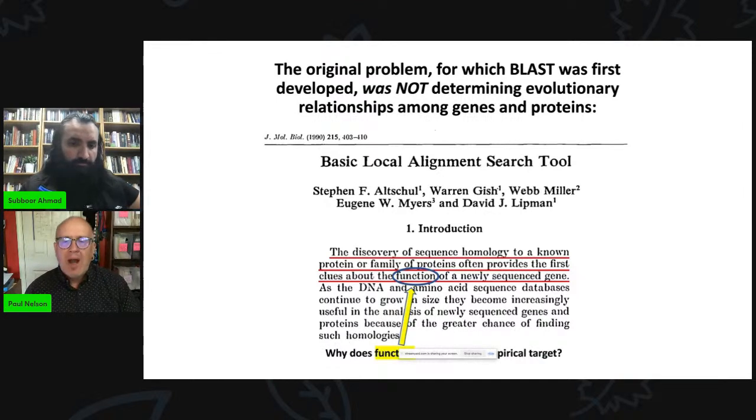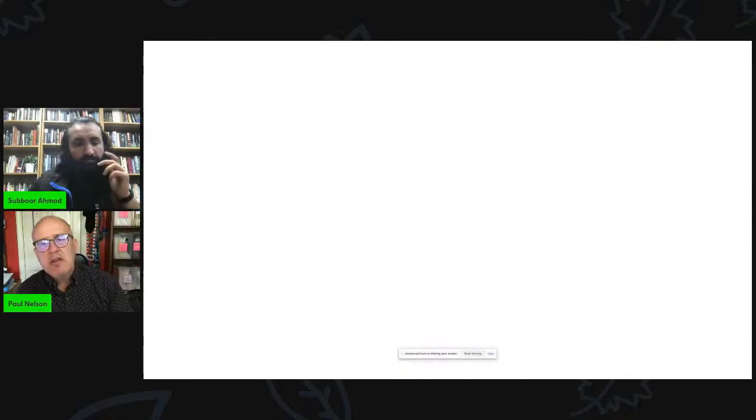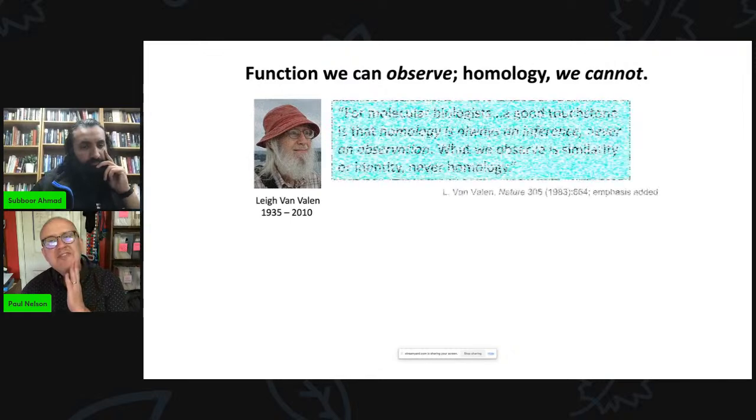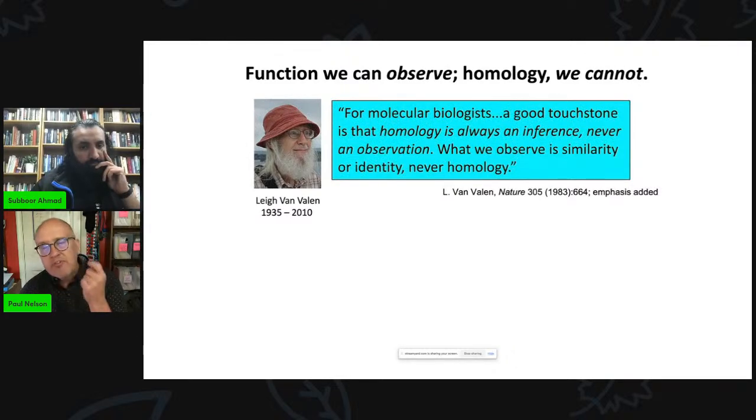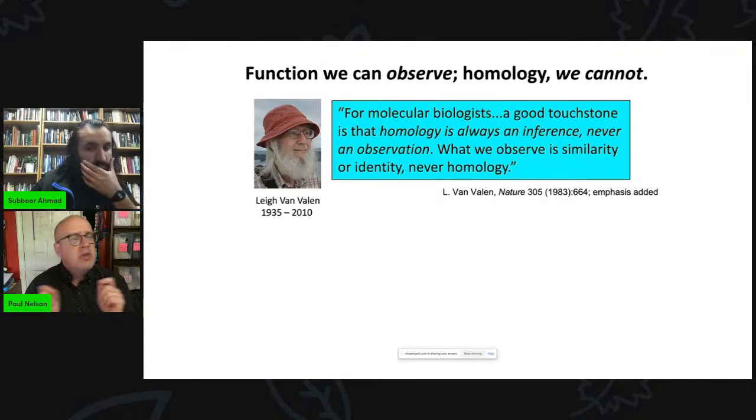Why does function matter as an empirical target? Well, it matters because we can see it. We can observe it directly. Lee Van Valen, in a publication that I've now cited a few times in these lectures, says, and he's right, homology, evolutionary history, we do not observe, or only rarely, only under very rare circumstances, such as we've had over the past 3 years with SARS-CoV-2.